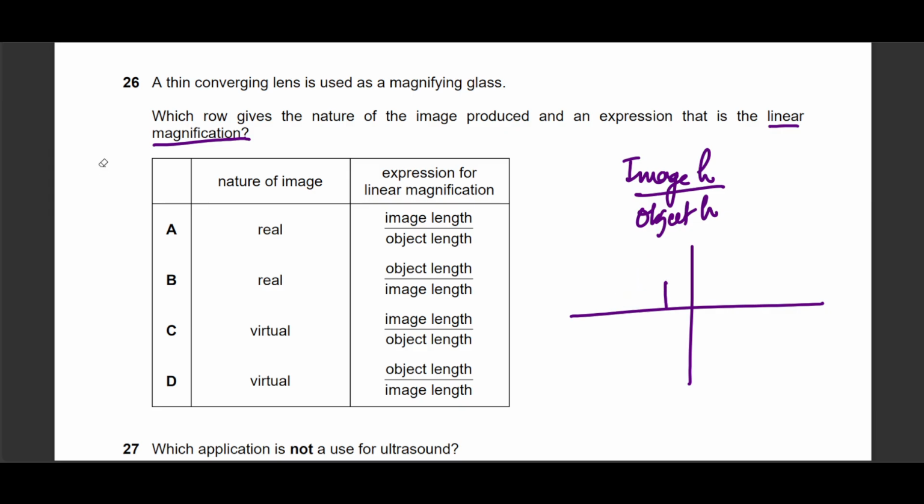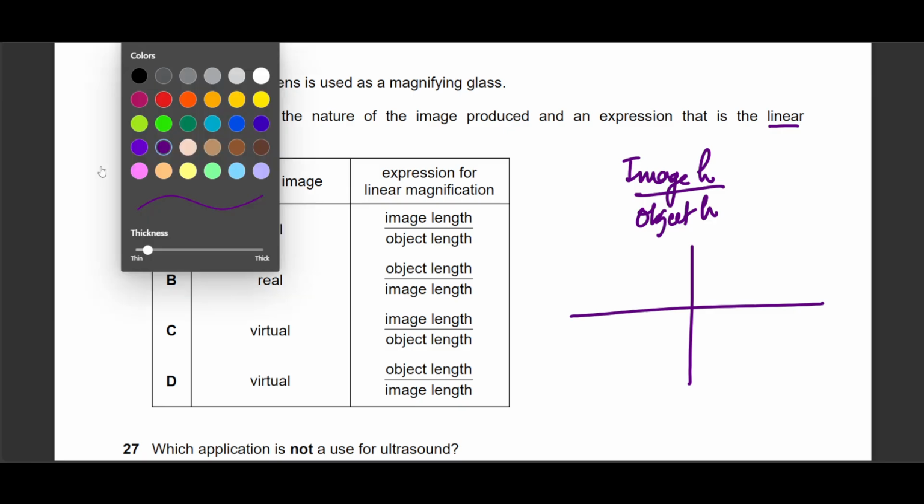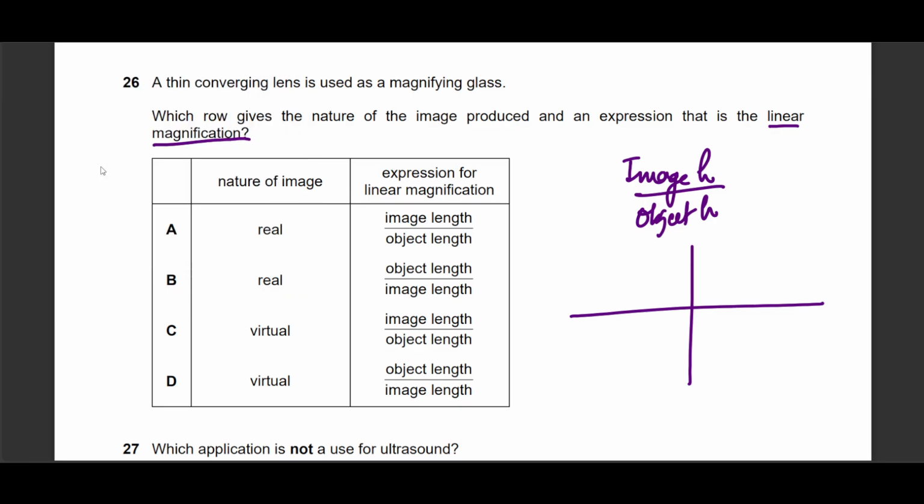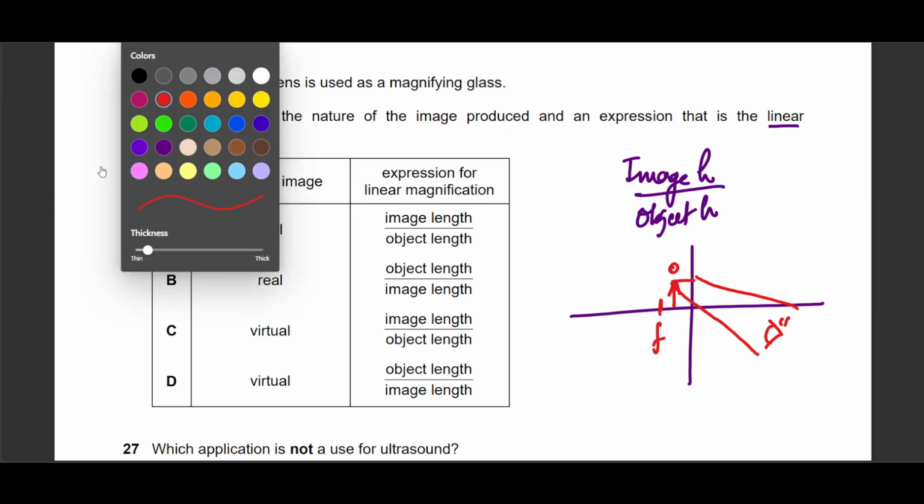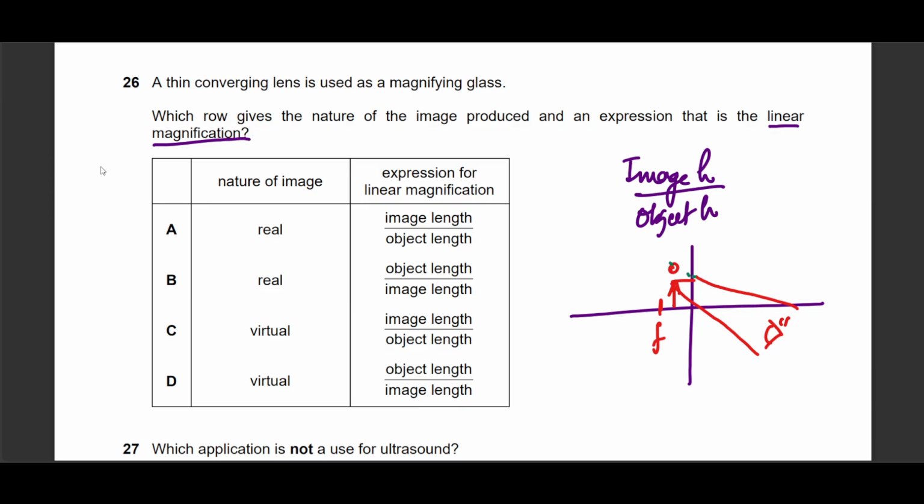Now, since we're dealing with a magnifying glass, let's say this is the focal point, this is your object, and this is the place of the eye. The light rays cannot converge on the other side of the lens, so they have to be extended backwards by dotted lines.